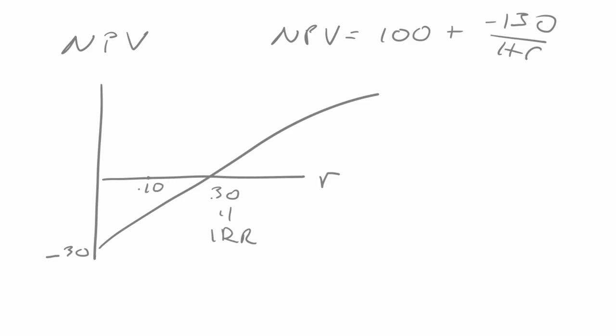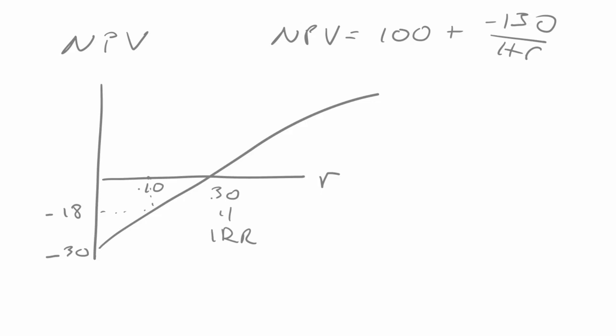So notice that indeed 10% is less than 30%. So the IRR rule applied strictly says accept, but the NPV is negative. This is minus 18, more or less. So that's mathematically what's going on. Instead of having NPV a decreasing function of R, it's an increasing function of R.